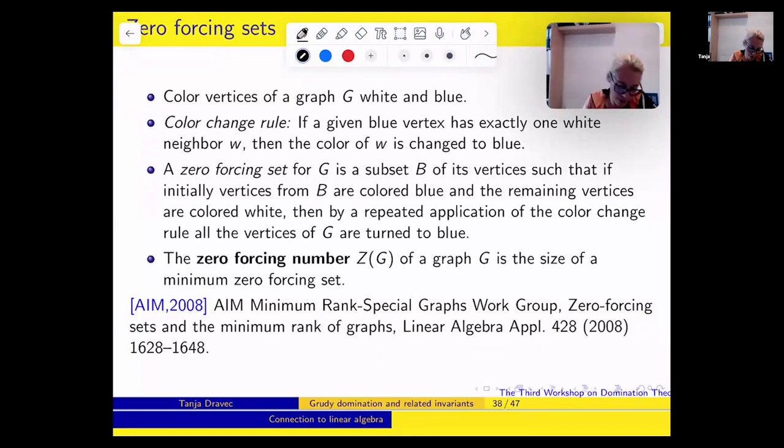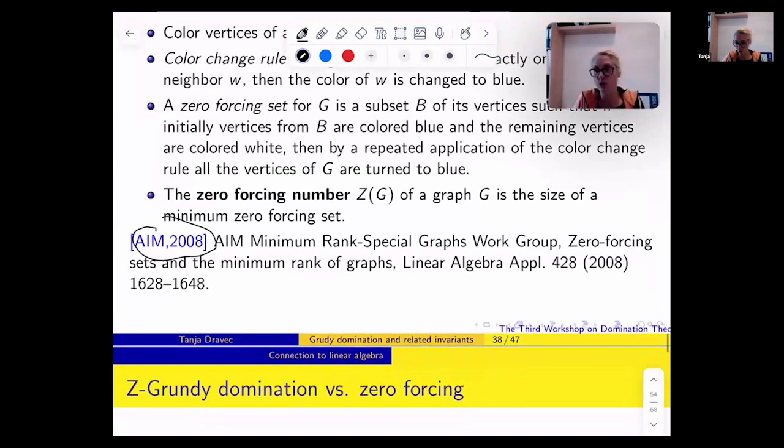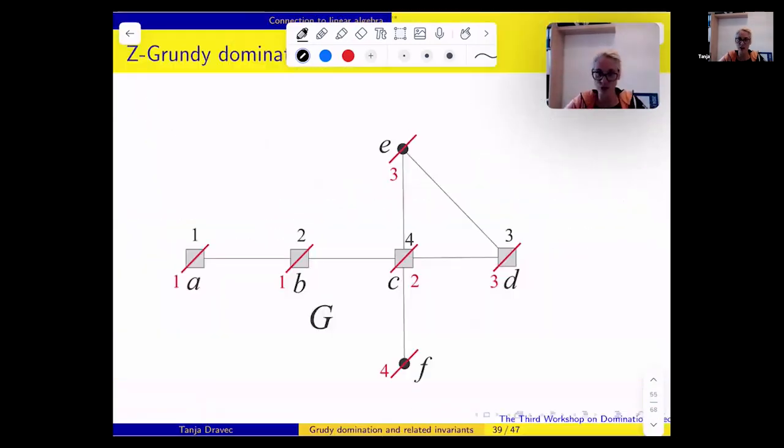So this seminal paper has more than 400 citations on Google Scholar, and for example, around 250 citations on MathSciNet. So there are many things known about zero forcing. Okay, and what I will do, I will present this relation to Z-Grundy domination number.